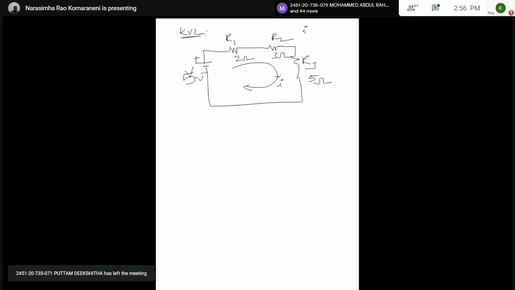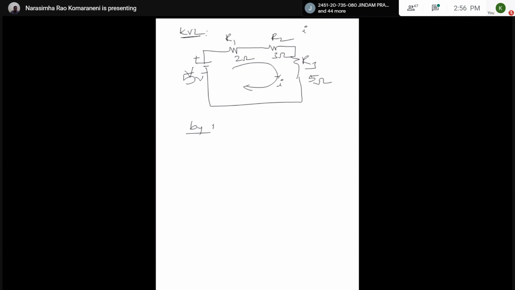So what sign conventions do you have to follow while writing the KVL? For the given circuit, first you draw the conventional current direction, which is opposite to the electron movement. Means you have to draw the conventional current in this direction.